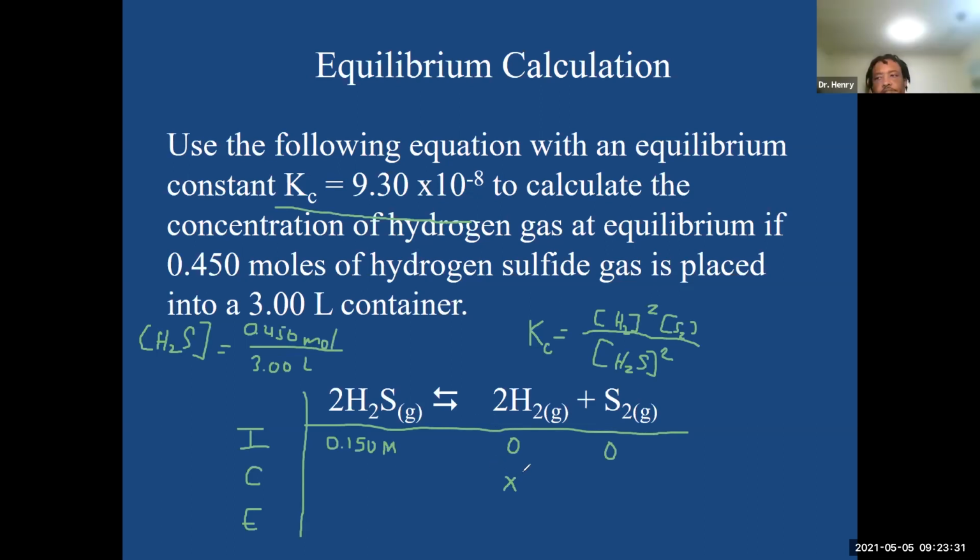So we're going to be making X of that. And then what about this one? It's 2 to 1, so 1/2 of X. That's going to be the change here.